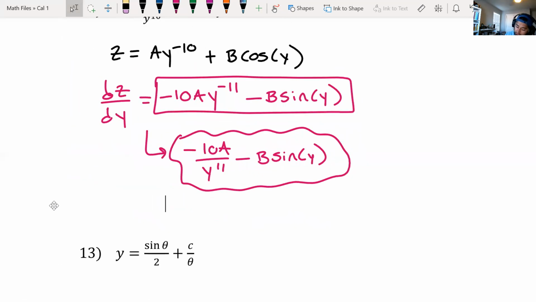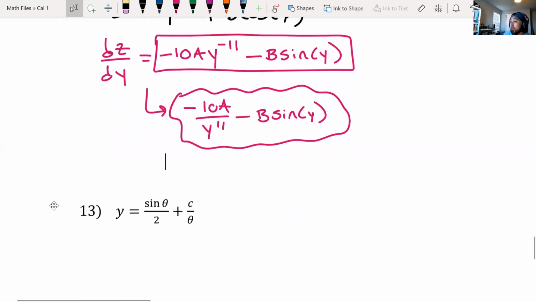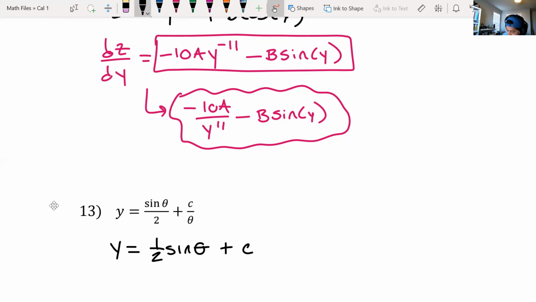Okay. And 13. y equals sine theta over 2 plus c over theta. So again, we should rewrite this. I'm going to rewrite sine theta over 2 as 1/2 sine theta plus, and c over theta, I'm going to rewrite as c times theta to the -1.